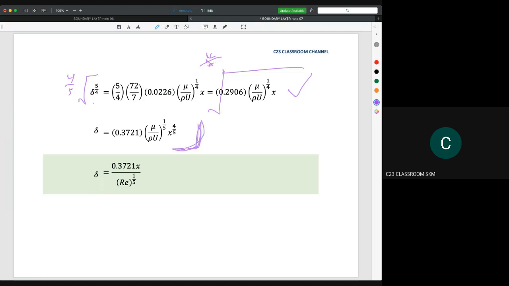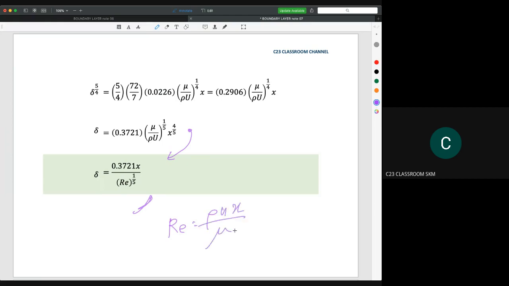However, you need to change your equation to get your final answer in terms of the Reynolds number. Finally, we can change this term into this one. The trick to do this is, we know that the Reynolds number is rho u x over mu. And you can see here it is rho u only.